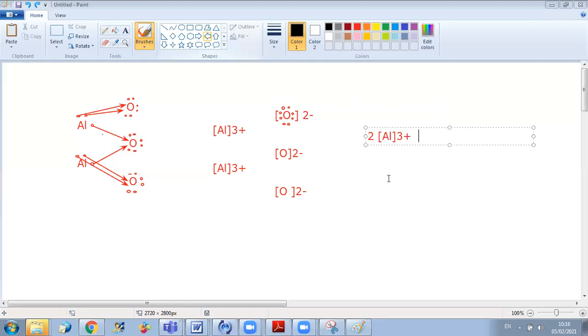If they tell you to put the summarized presentation, you put 2Al 3 plus and 3 O 2 minus. And don't forget to put the dots around O because it has completed its outer orbit.